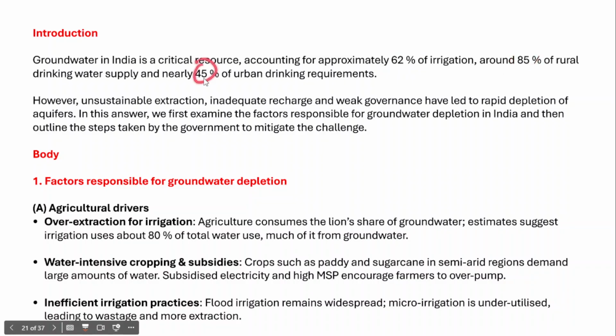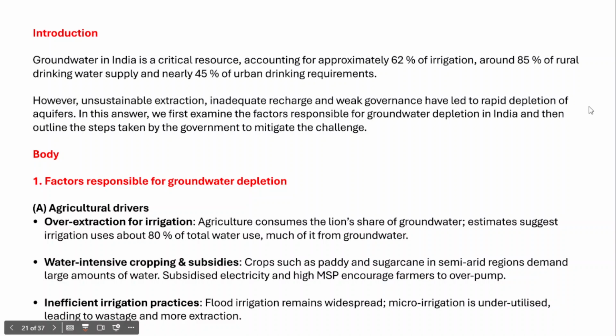Nearly 45% of urban drinking requirements are also met through groundwater. However, in recent times, there has been unsustainable extraction of groundwater resources. Apart from that, there are no measures for adequate recharge of the groundwater tables, coupled with weak governance. All these factors have led to faster depletion of the existing aquifers or groundwater resources.